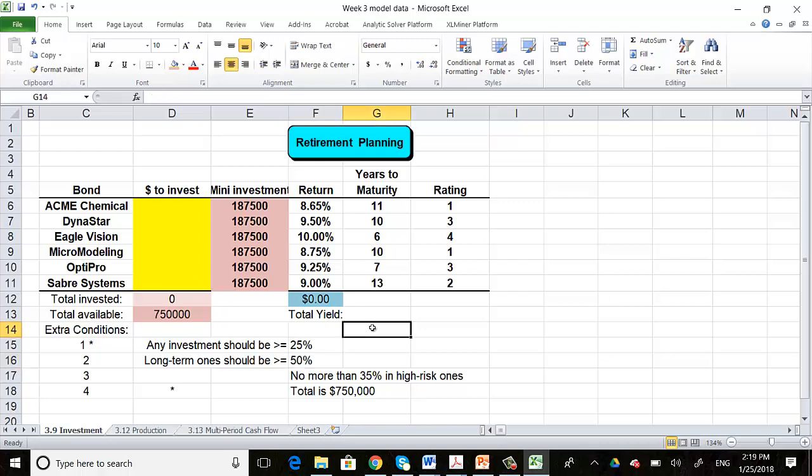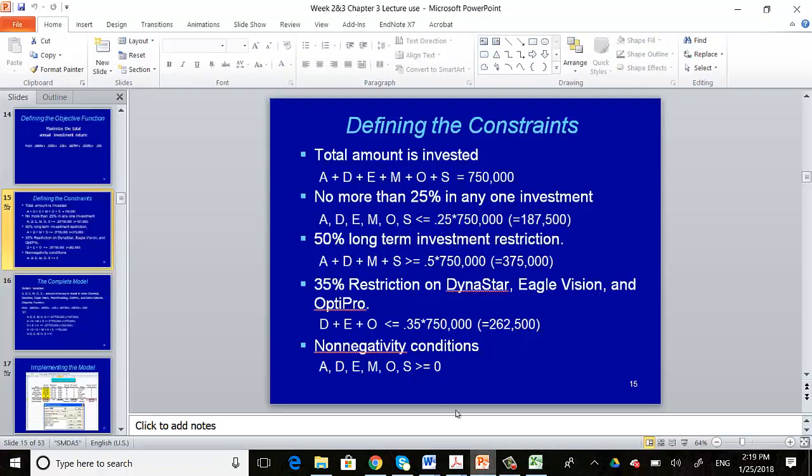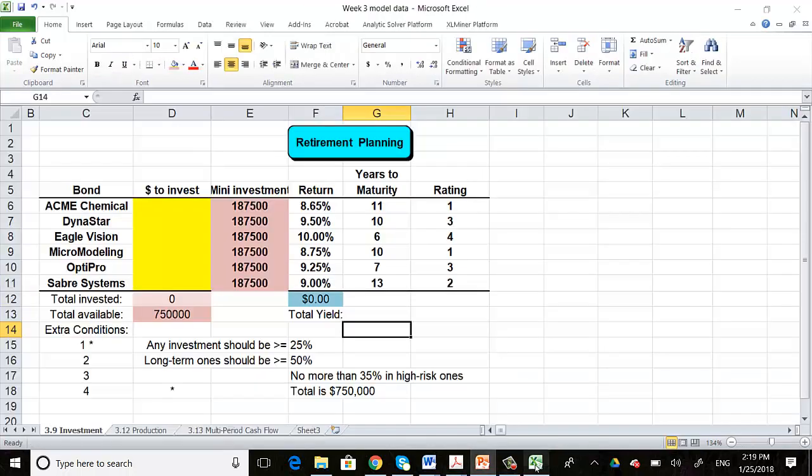Okay, then here we need some thinking to design it. So if we look back at the formula here, this one is A plus D plus M plus S greater than or equal to 50% times this 750,000. We choose those ones because they are long-term ones. One way we can do is to simply select a cell, you don't have to copy here, okay.